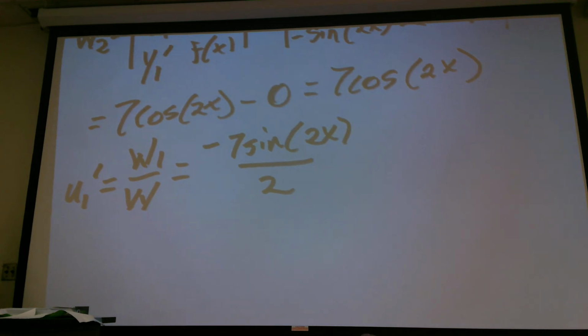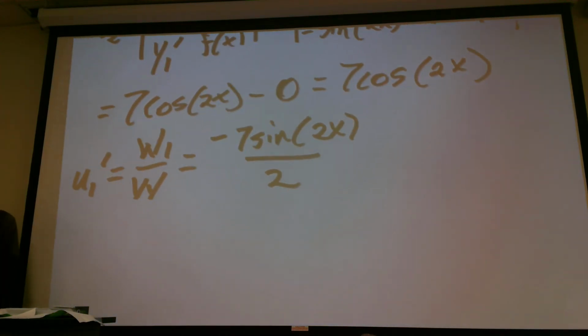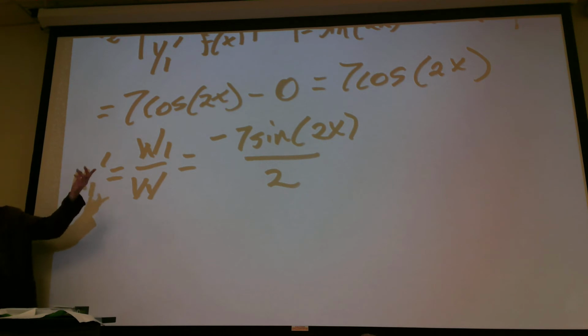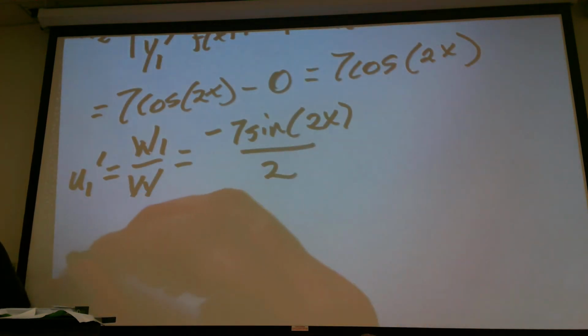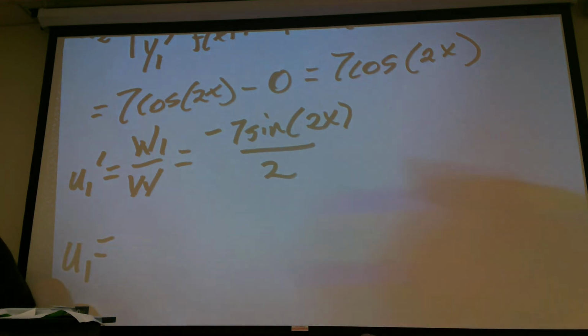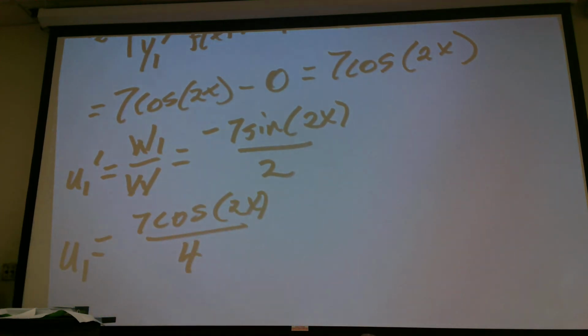If we want to find u1, we're going to have to integrate this. If I integrate sine, it changes signs, and it's going to put the 2 down to the bottom. So this means that u1 is going to be 7 cosine of 2x divided by 4.